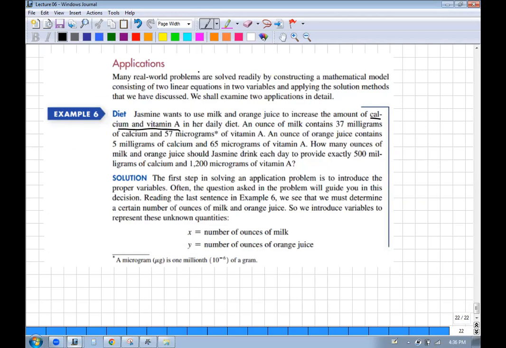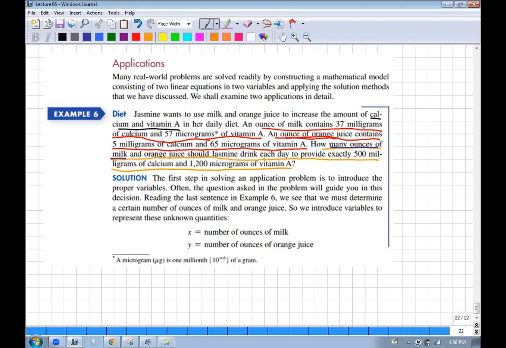An ounce of milk contains 37 milligrams of calcium, 57 micrograms of vitamin A, and an ounce of orange juice contains 5 milligrams of calcium and 65 micrograms of vitamin A. How many ounces of milk and orange juice should Jasmine drink each day to provide exactly blah, blah, blah, blah, blah?